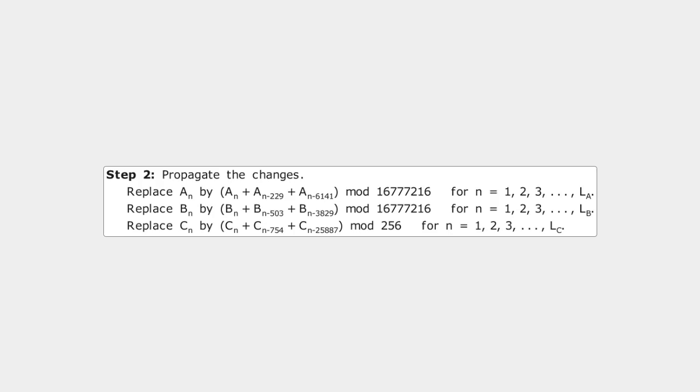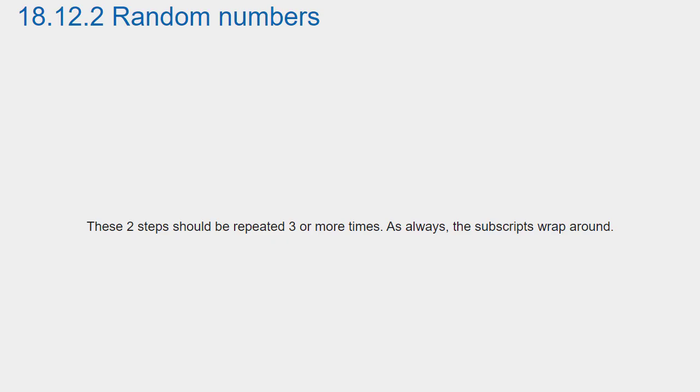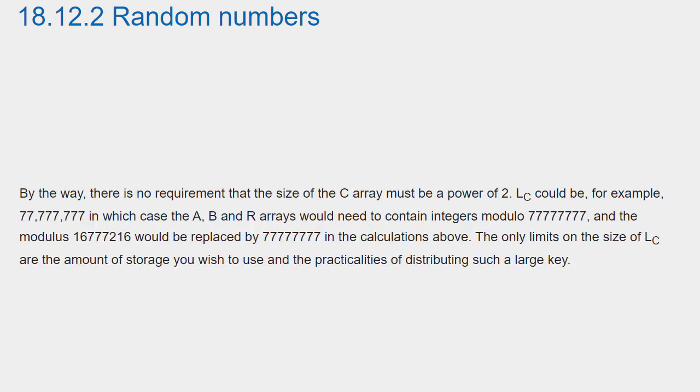For example, floor of 8 over 3 is 2, and floor of 9 over 3 is 3. The effect of using C_An instead of C_n is to spread the bytes of R evenly throughout the C array. These two steps should be repeated 3 or more times. As always, the subscripts wrap around.